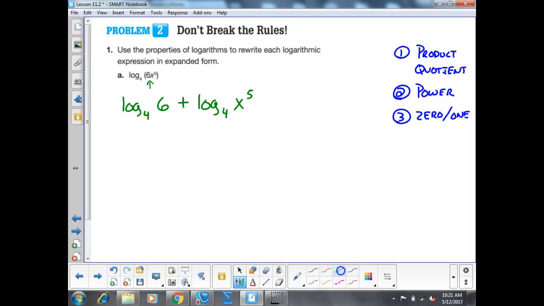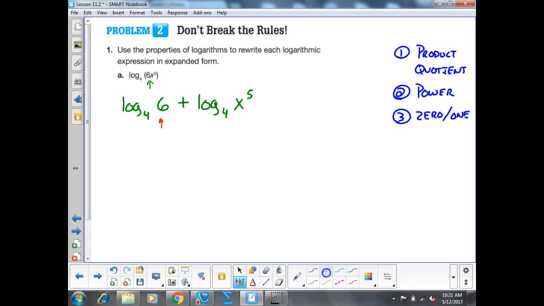Now, my question to you is, what's going on right there? The argument is 6, right? But is there any way that I can rewrite 6? 2 times 3, right? So there's a product going on in there too.